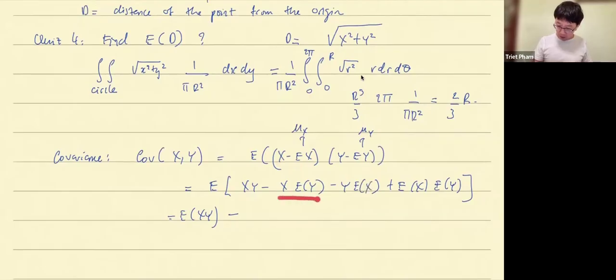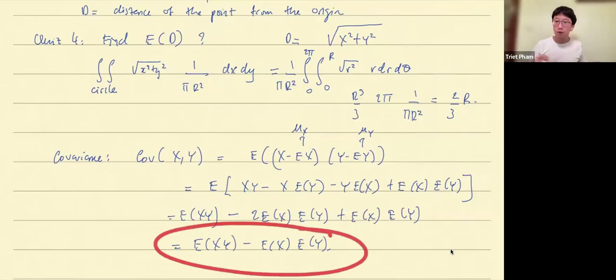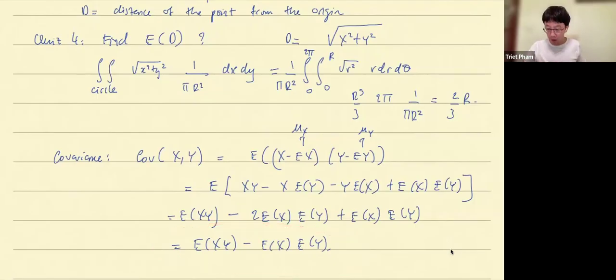So you get E[X]E[Y], E[X]E[Y]. So you get the expectation of the product minus the product of expectations. That's the computational formula for covariance.